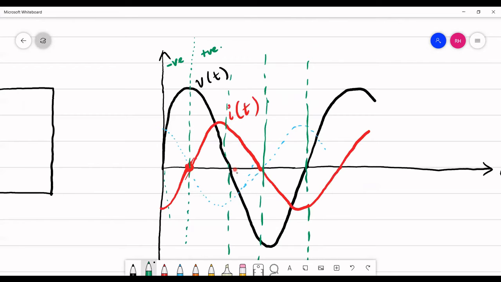And then in this region, you have voltage negative and current positive, so here again it is negative.